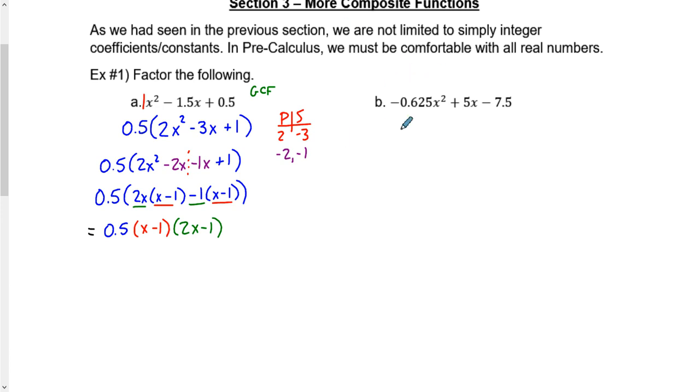But overall, in this one, we're going to have to factor out a negative 0.625. When we factor that out, we'll be left with an x squared. 5 divided by 0.625 is 8. It becomes a negative 8x because we factor out a negative, and 7.5 factoring out the 0.625 is 12.